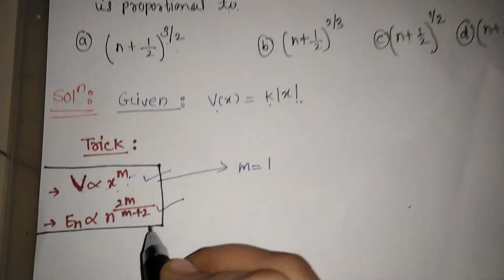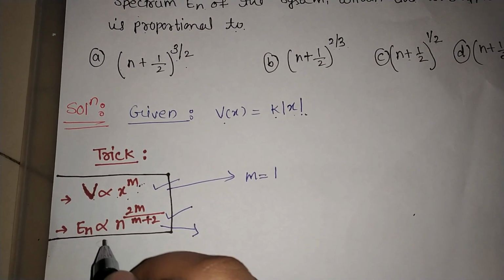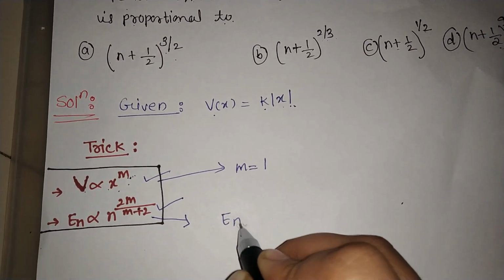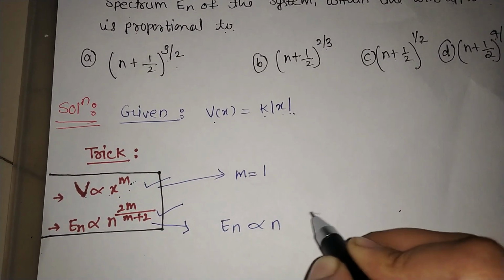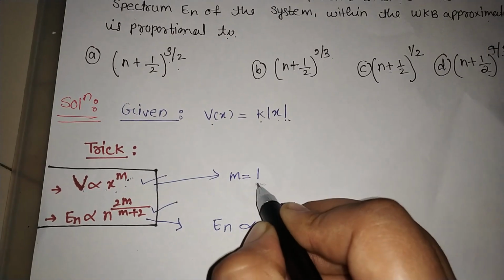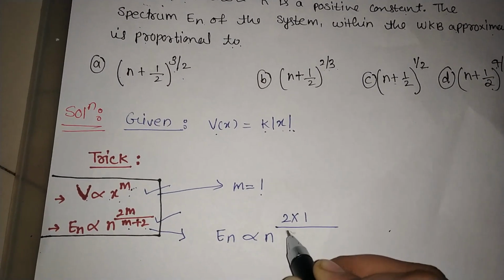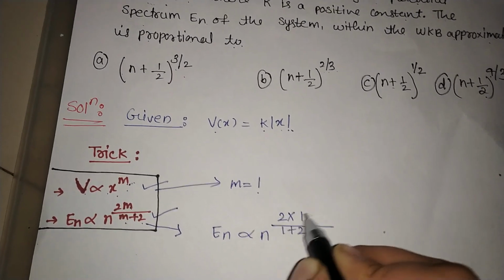Now we'll move to the second step. In the second step, En is proportional to n raised to 2m upon m plus 2. We have got m as 1, so it is 2 upon 1 plus 2. What are we getting here?